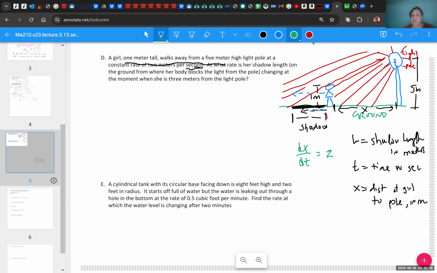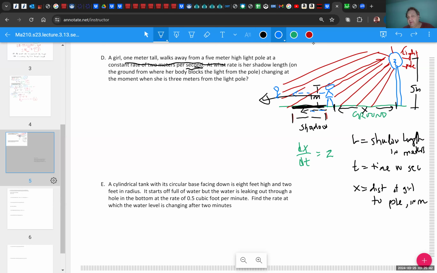Okay. So in this problem, x is the distance along the ground from our friend to the pole, and she's walking this way. As she walks, does the x get bigger or smaller? It gets bigger, right? When she walks over here, she is now further away from the pole, and x has increased.